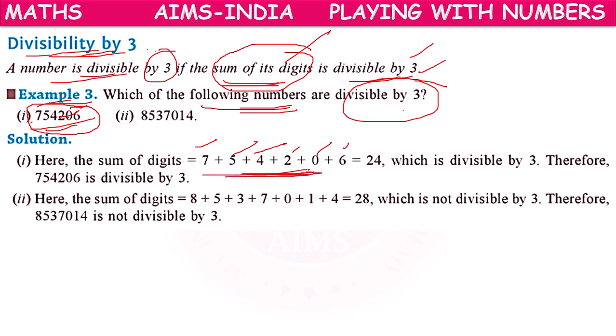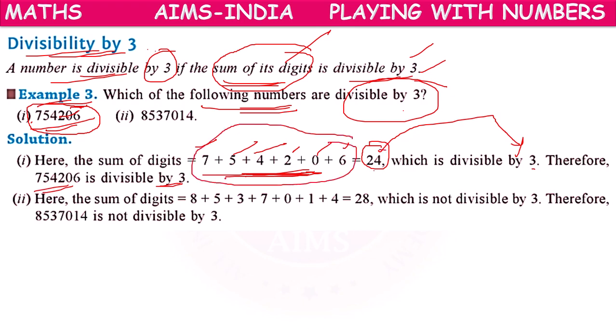Then we take their sum, which is 24. This 24 is divisible by 3 because 3 eights are 24. So that's why the total number is divisible by 3. If the sum of all the digits is divisible by 3, then the number is divisible by 3.